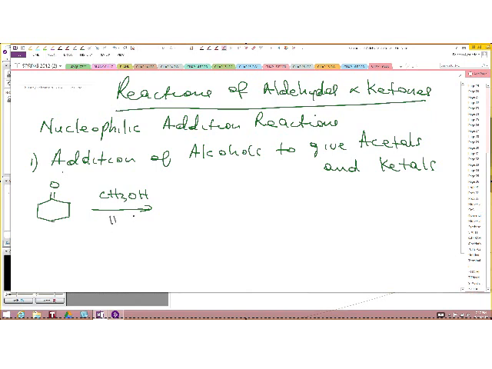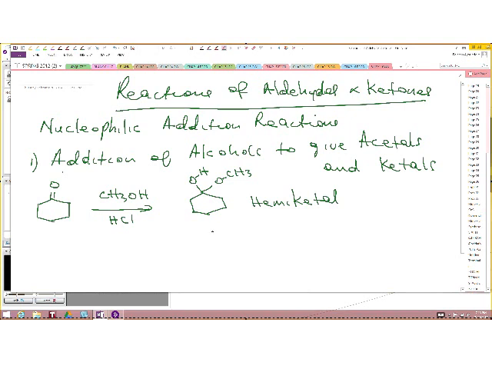In the presence of HCl, the HCl will be acting as a catalyst, just a small amount of HCl. We will obtain this product here. We call this a hemiketal.